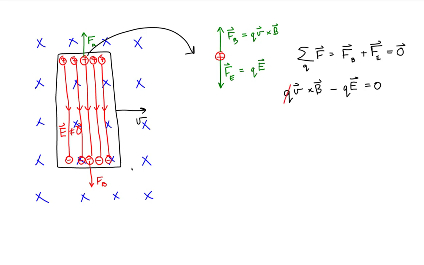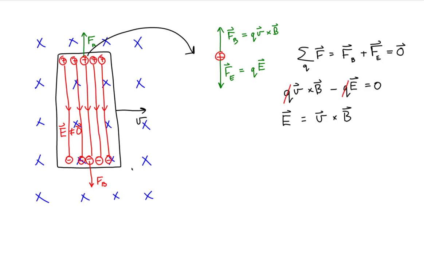Now, the same charge appears in each term, so we could cancel that out. And we end up with the electric field being equal to the cross product of the charge's velocity and the magnetic field.